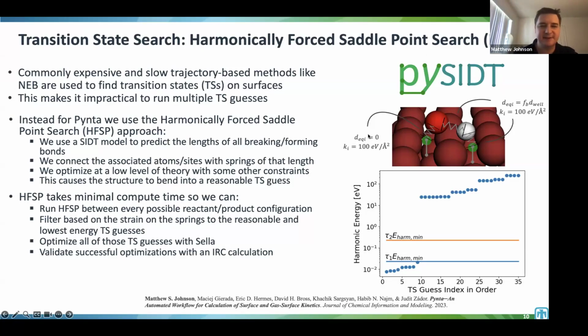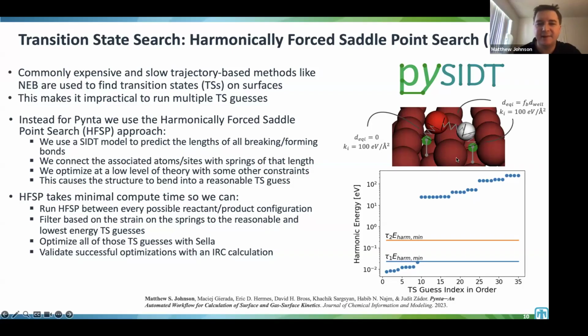So we essentially fit the bond stretch factors, and we train an SIDT to predict the bond stretch factors for those. SIDT is pretty good at getting pretty close to how long all of the bonds that are involved in the transition state should be stretched.